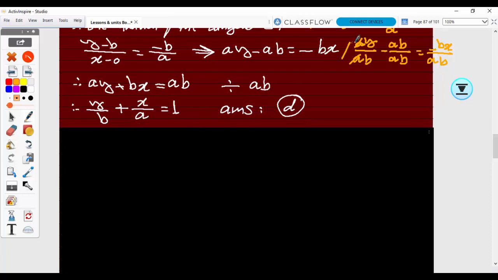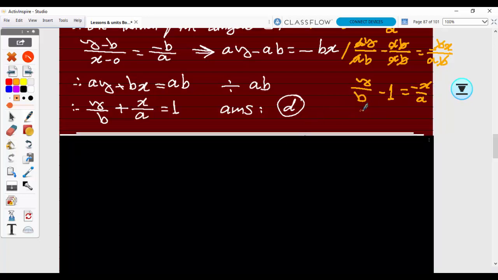So we have y over b minus ab divided by ab, which also equals 1, and b divided by b equals 1. Here we have negative x over a.